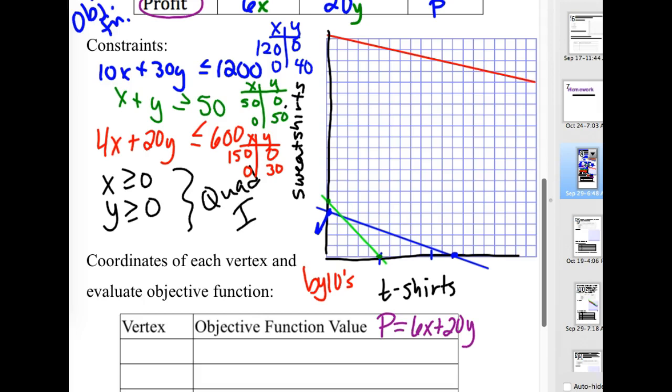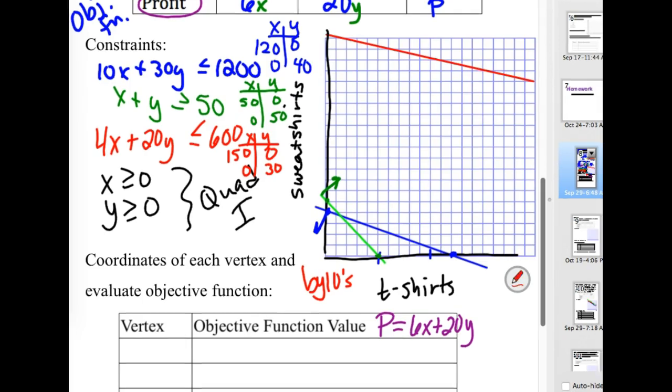This time we want to be greater than or equal to 50, right? Does the origin get us something greater than 50? No. So this time we want to be shading above. And then for the red, we want to be on, let's see, 150 for x and 30 for y.